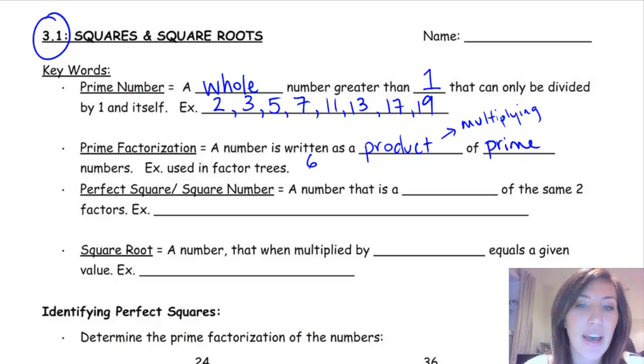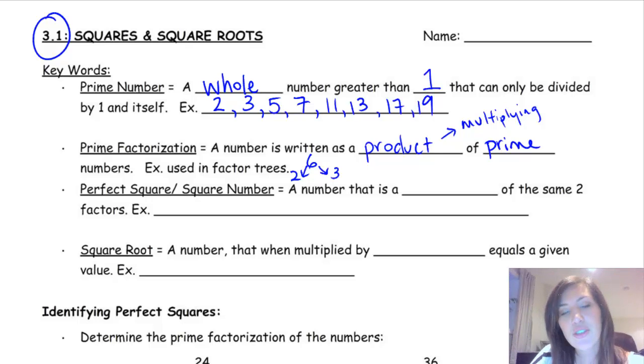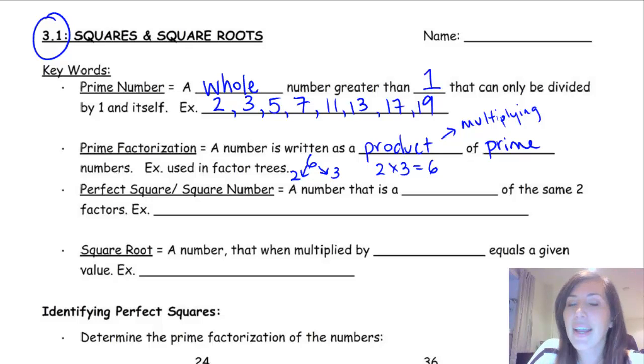For example, if you have 6 and we want to factor that down, we can say 6 can go down to 2 and 3. 2 times 3 is 6, and we know that 2 and 3 are both prime numbers, so that would be prime factorization.